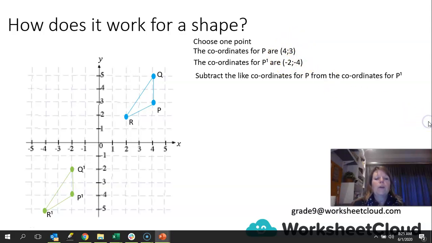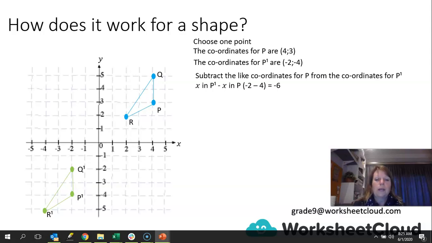The x in P1 is minus 2, and you can see it here. We're going to subtract the x in P from that. The x in P is 4. So minus 2 minus 4 gives me minus 6.